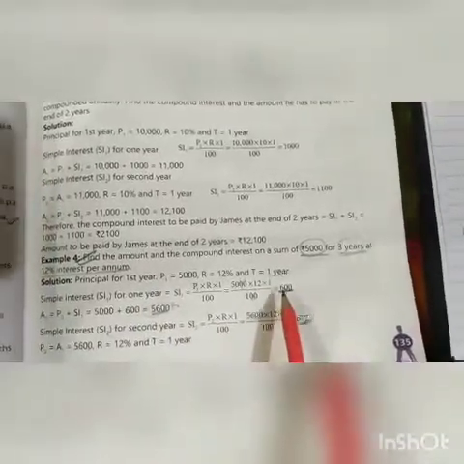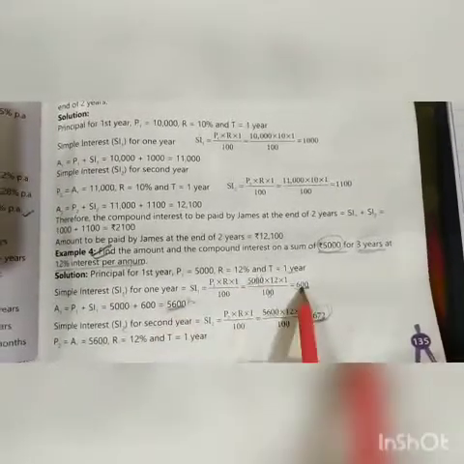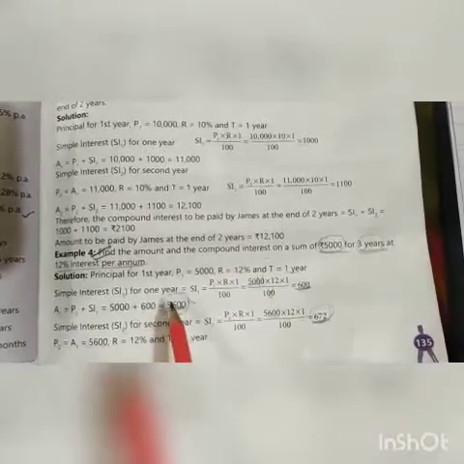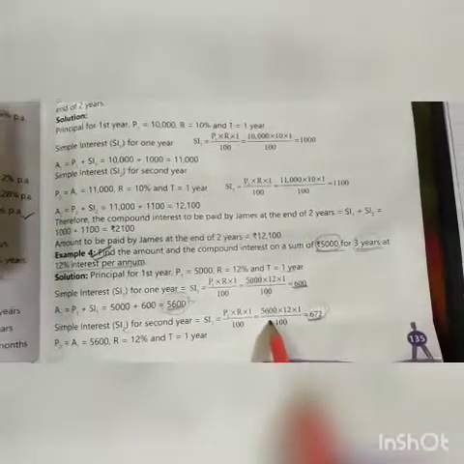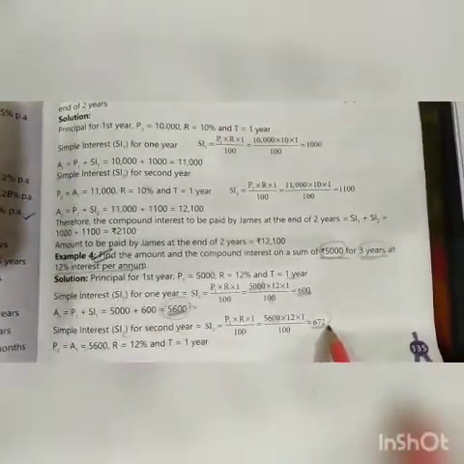So students, you saw here, first we find interest only for 1 year, then this interest is added to this principal, and after adding this interest and this principal we get this amount. Now this amount becomes the principal for the second year. Then we get interest 672.